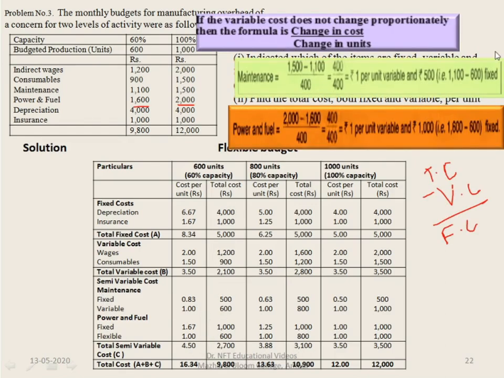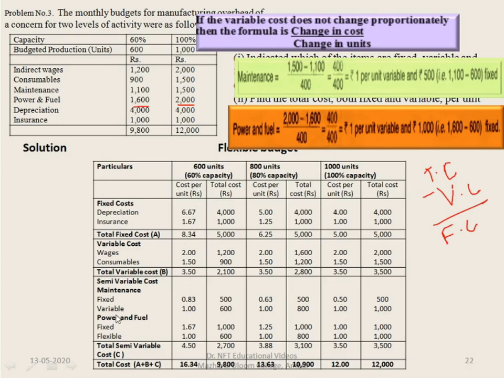Maintenance fixed cost is 500. 500 will be common for 600 units, 800 units and 1000 units. From that, you get cost per unit. 500 divided by 1000 is 0.50. 500 divided by 800 is 0.63, and 500 divided by 600 is 0.83.